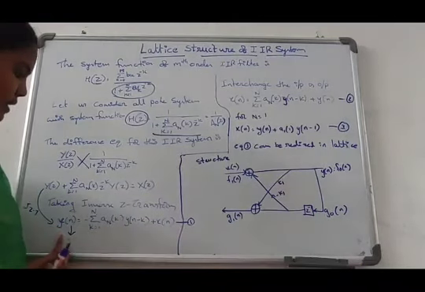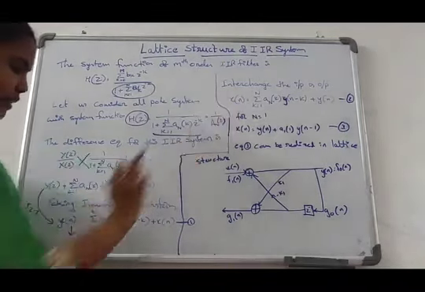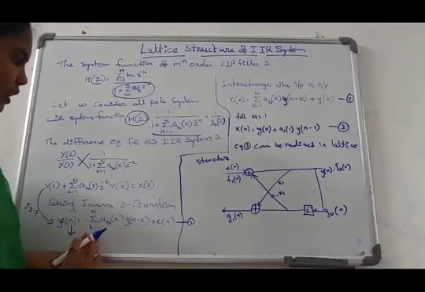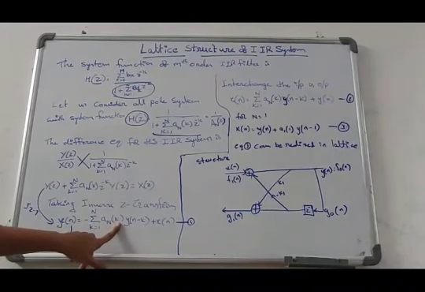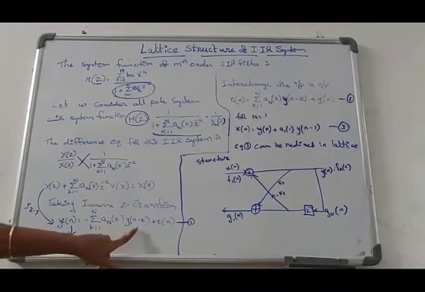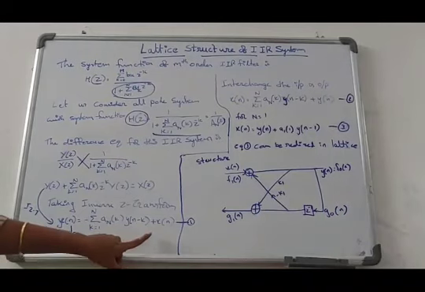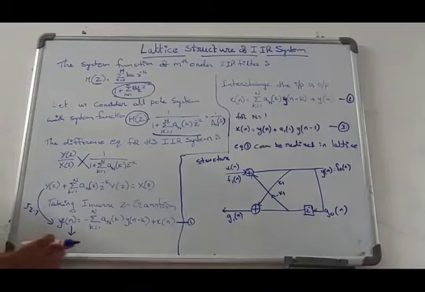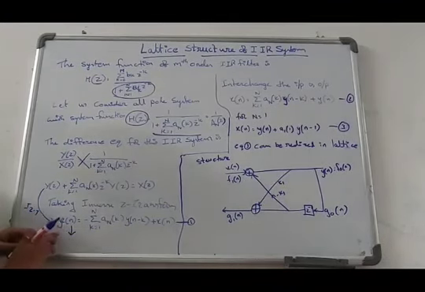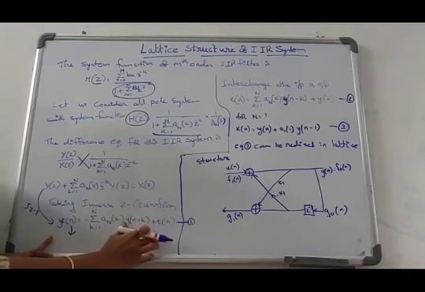y(n), the output, as input: x(n) is equal to summation k equal to 1 to N of a_N(k) y(n minus k) plus. In this equation, before changing the input and output, you have to write x(n) on this side and take y(n) as this one.